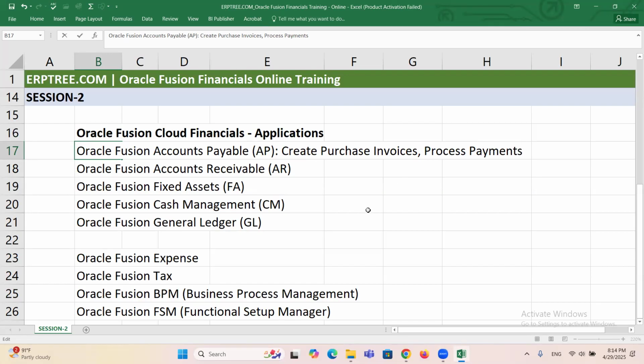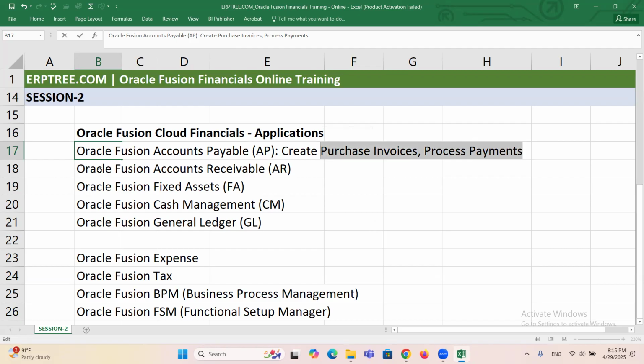The background would be the purchasing department purchases something, but the payables department takes the responsibility of making the payment. So by using the accounts payable AP application, we'll see how to create the purchase invoices and how to process the payment. So these are the two key tasks we are going to learn from the accounts payable application.